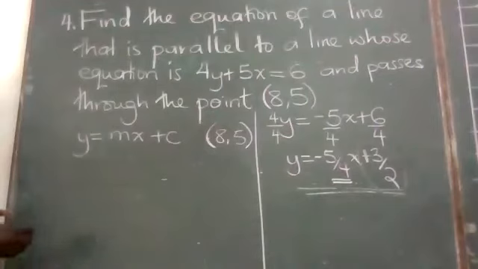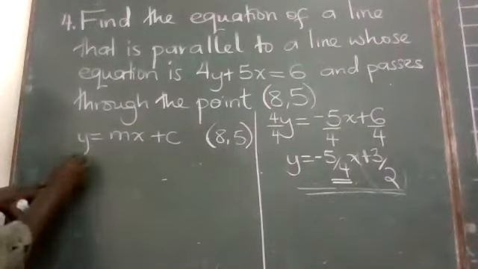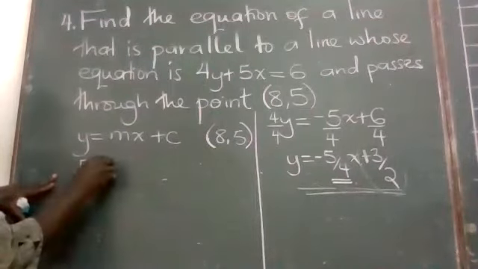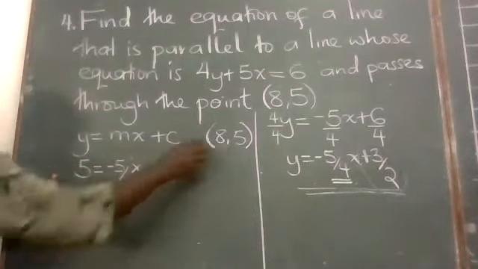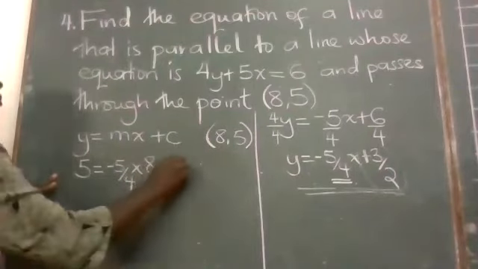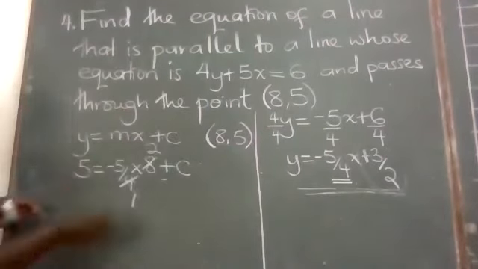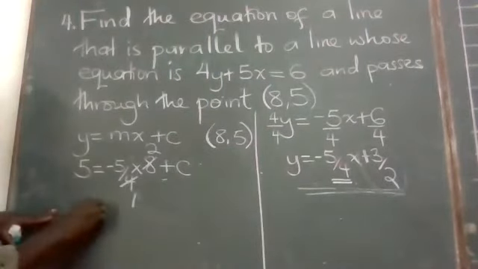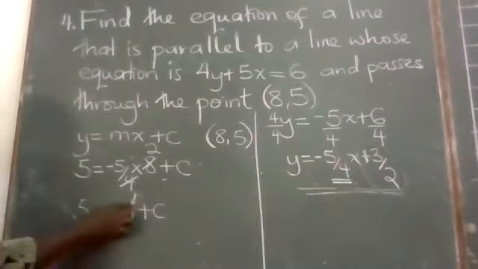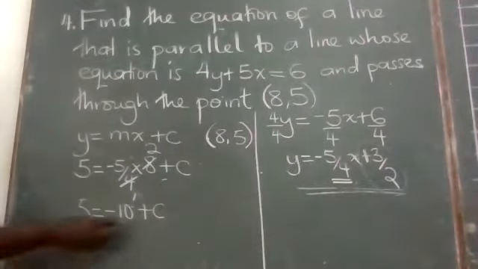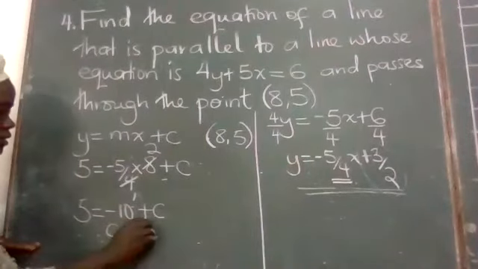So I'm going to substitute for x, m, and y. When y is 5, m is -5/4, times x, which is 8, then plus c. So 8 divided by 4 gives 2. So we shall have 5 being equal to -10 plus c. So we can see that c is 15.